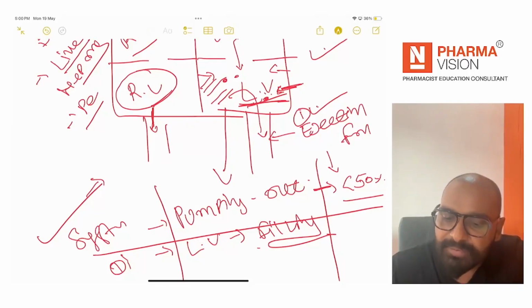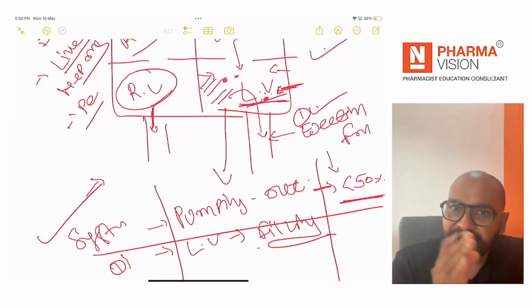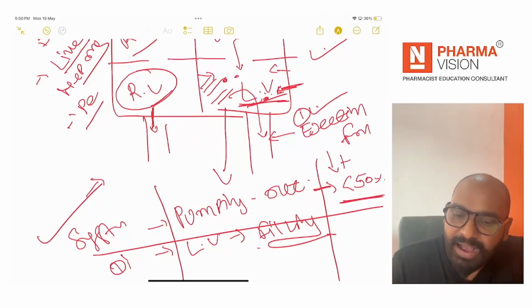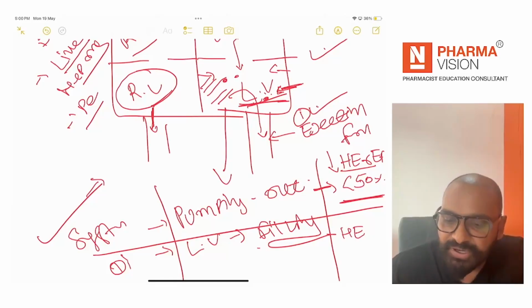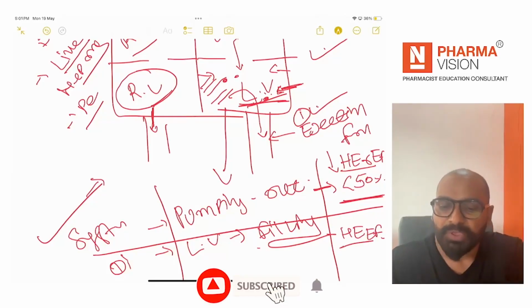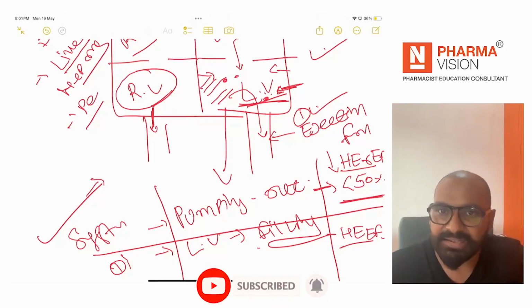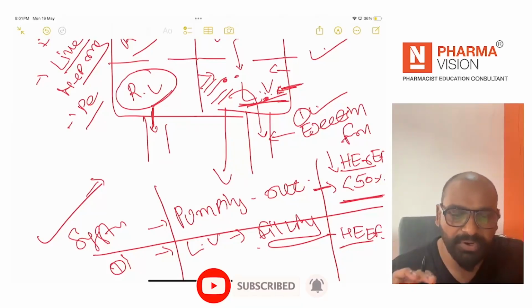They are using the term ejection fraction. Based upon that, they have defined heart failure with reduced ejection fraction and heart failure with normal ejection fraction. So based upon that, they classify heart failure in two different terms.